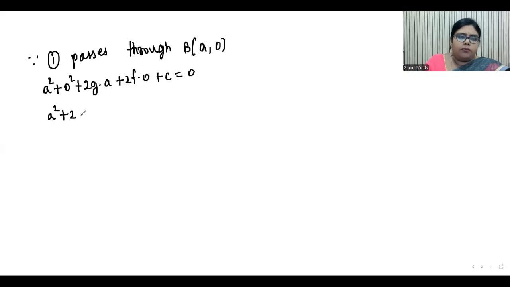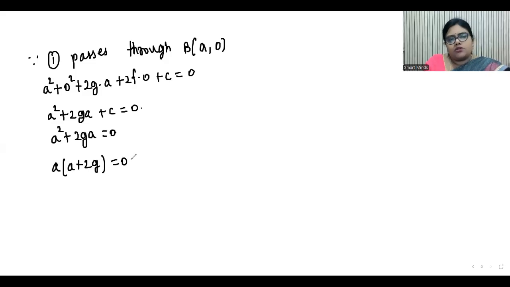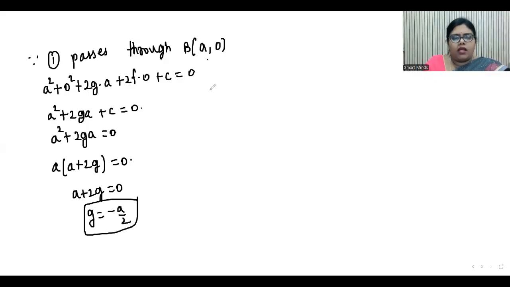So a square plus 2ga plus c is equal to 0. But just now we got c is equal to 0, right? So now we get a square plus 2ga equals 0. If we take a common, we will get a plus 2g equals 0. From here we will get g as minus a by 2.